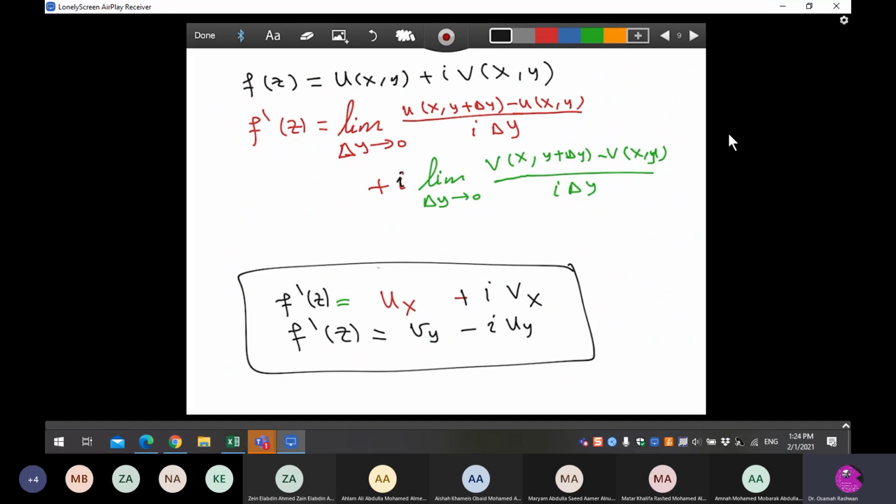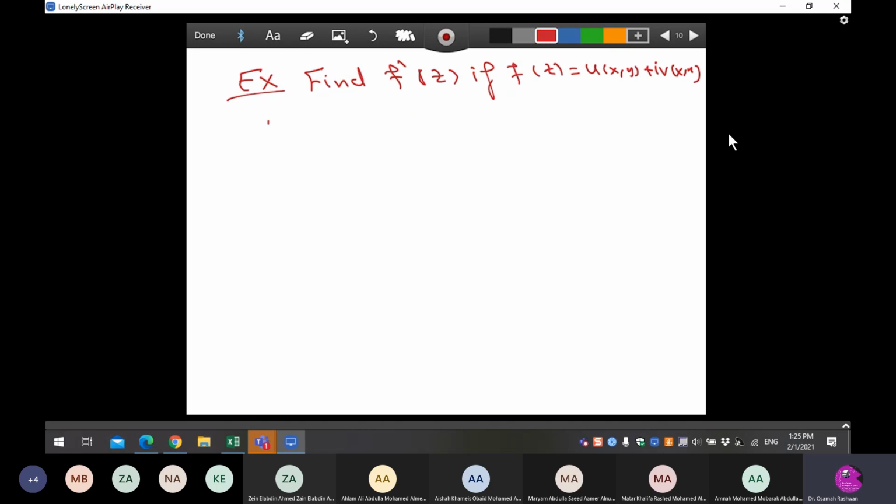If we have this function, find f dash of z. f of z is u(x,y) plus i v(x,y), where I give you u equal to x times y, and in the second part I will give you the imaginary part v equal to xy.